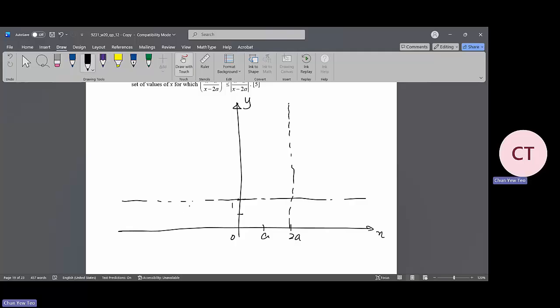C3, the graph looks like this. That is the graph for C3. That is a half. Okay, that is the graph for C3.